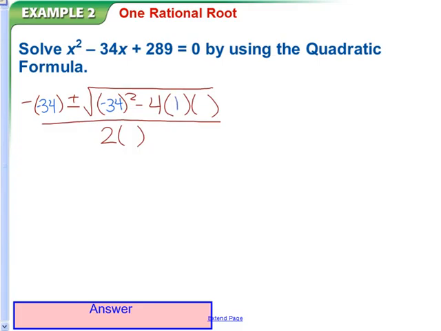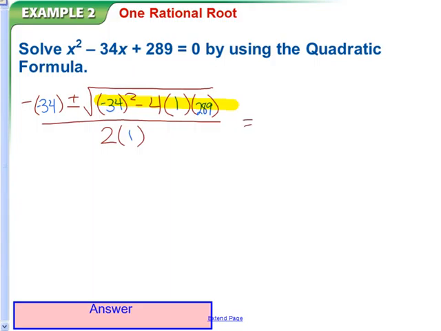Our a term is 1 again, and c is 289. Again, we start by calculating the discriminant. So type that in, and you should get 0.